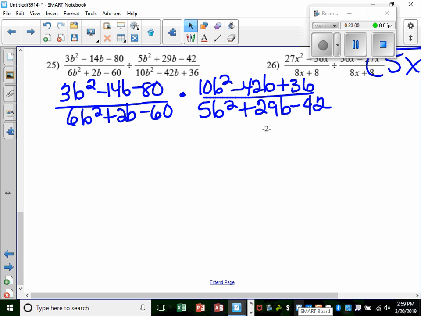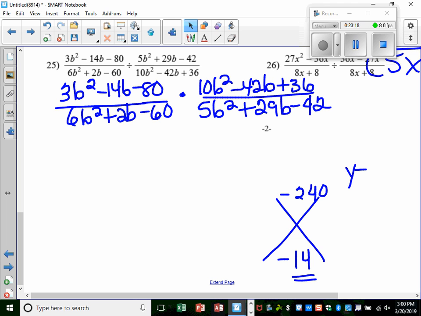Who can tell me what 3 times negative 80 will give us? Negative 240. All right. And then my middle term is what? Negative 14. So this is what I'm going to be looking for in the calculator. So go ahead and hit your y equals key. Put in negative 240 divided by x.